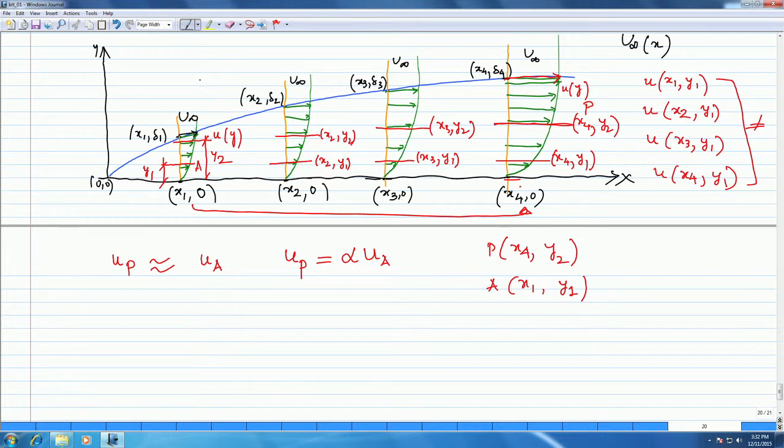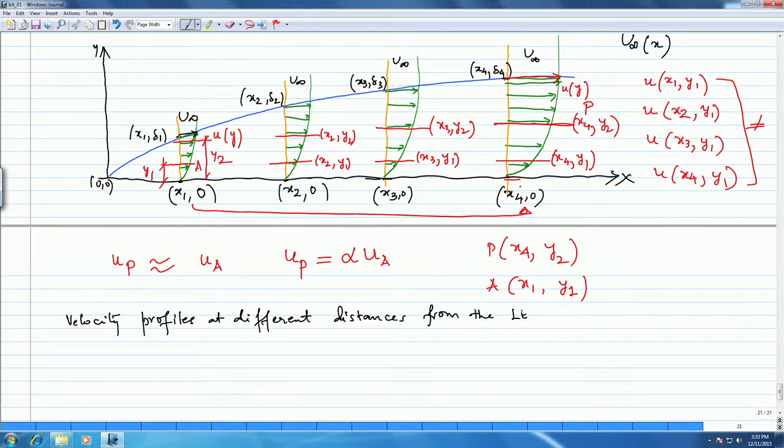Essentially, this is a statement, so I am going to write this down: velocity profiles at different distances from the leading edge of the flat plate are, well, this is a technical term, similar to each other.